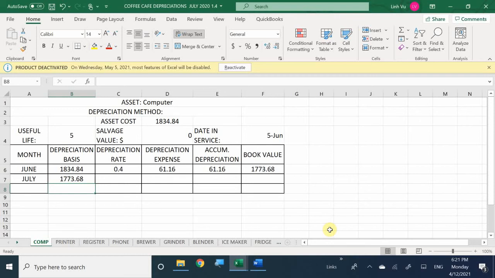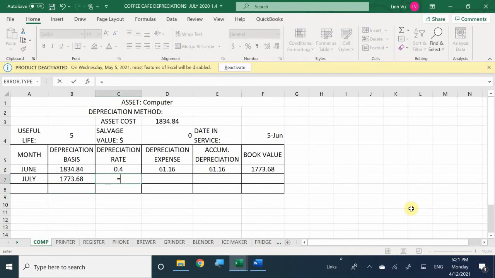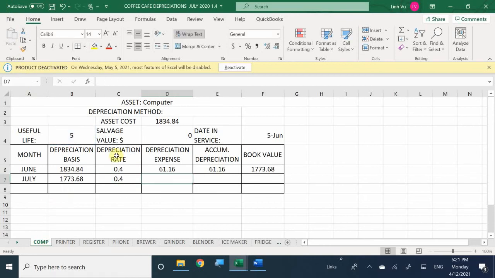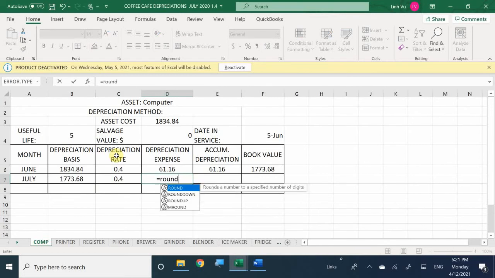So here it should be 1773.68. And what we're going to do is calculate our depreciation rate, which we know is going to be 1 over the useful life of 5, multiplied by 2, to give us 40%. Now we apply our formula, equal round.